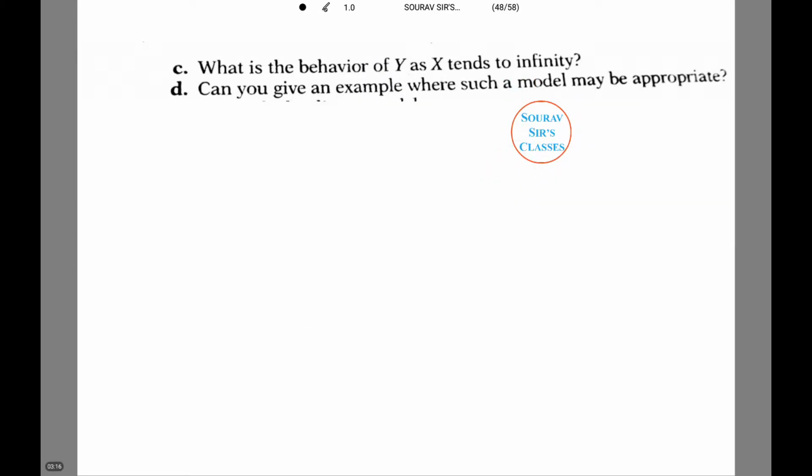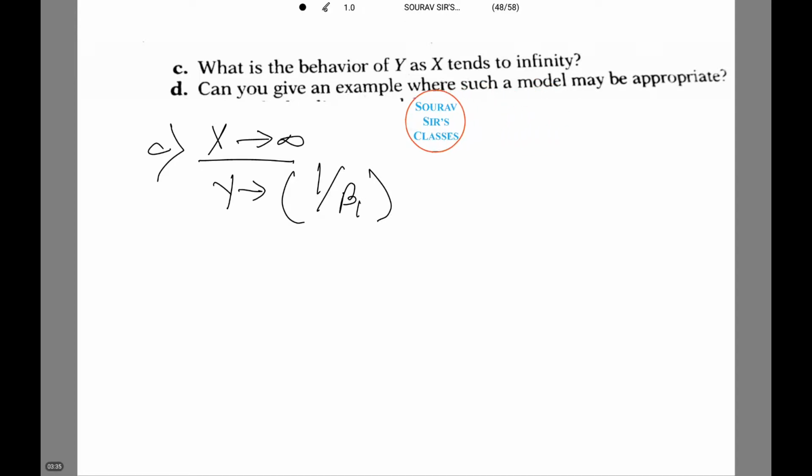Now we have to figure out what is the behavior of y as x tends to infinity. Therefore, as x tends to infinity, y tends to 1 by beta 1.